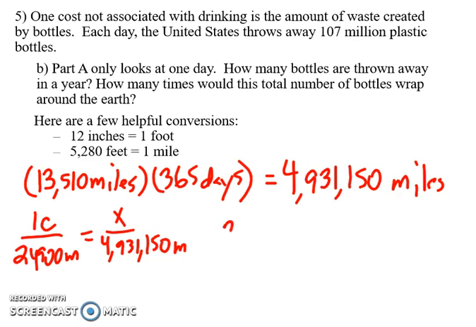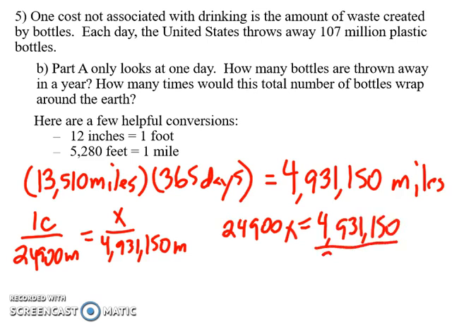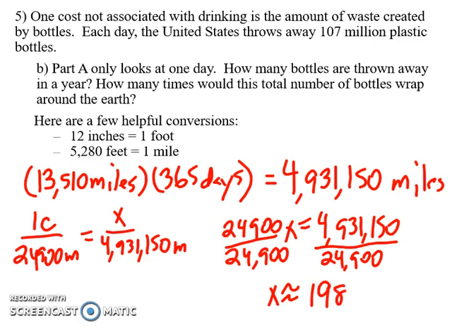We end up here with 24,900 x equals 4,931,150. And we divide by those miles that create a circumference. And we get that x is approximately a little over 198 times.